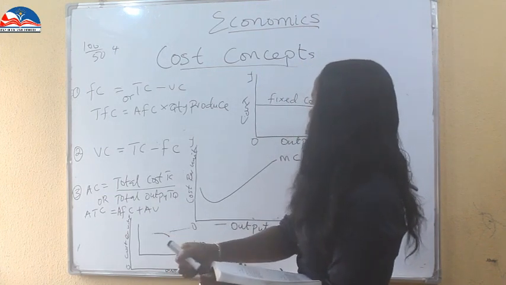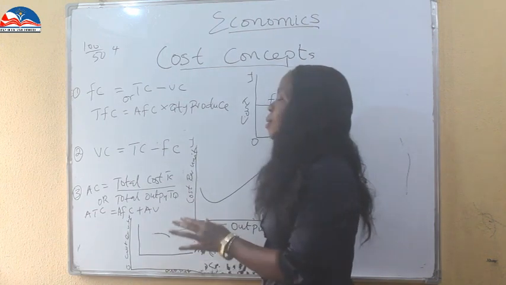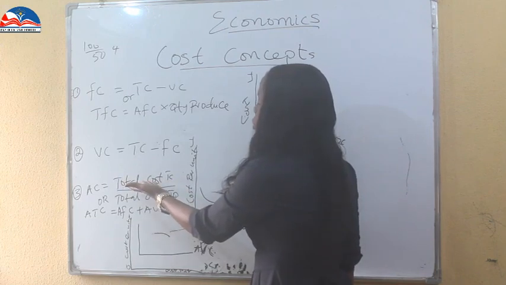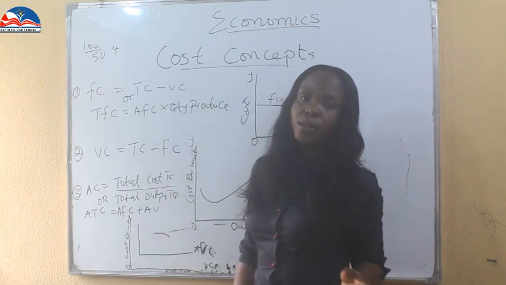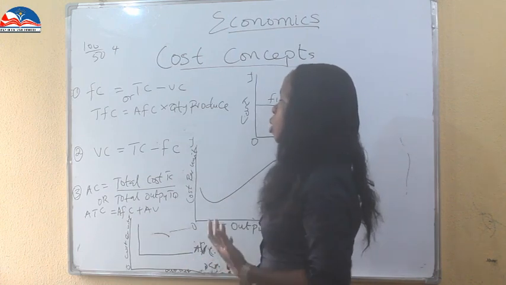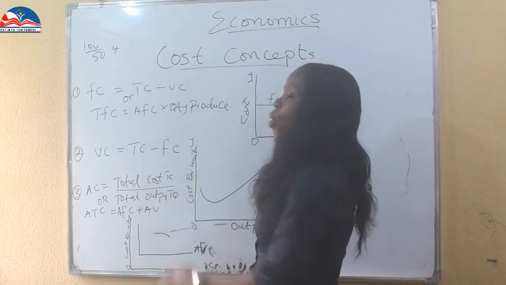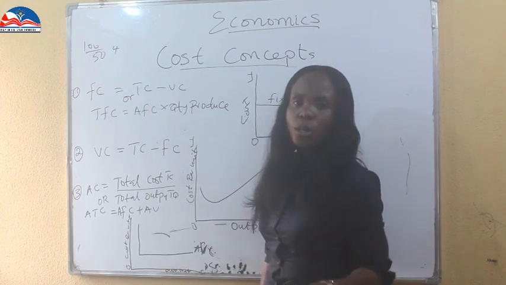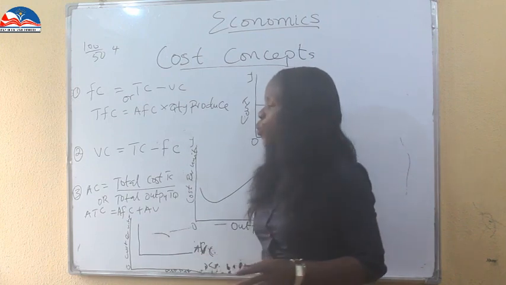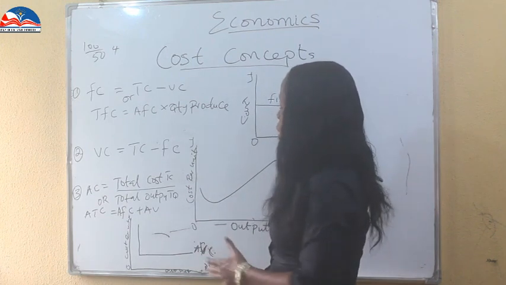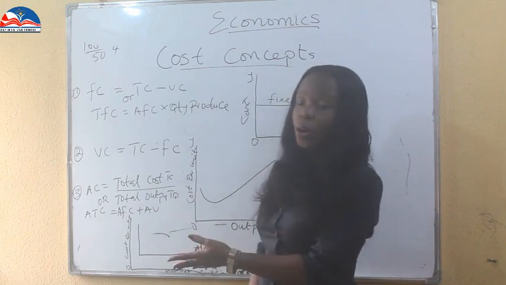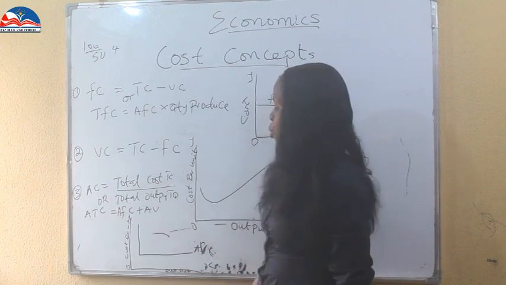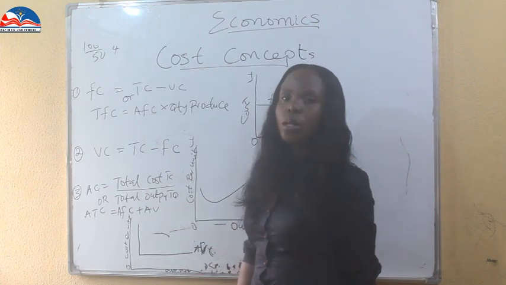So if you want to get this in our schedule, we are going to have total cost divided by total output, the total number of outputs that have been produced. So the total cost incurred during the production process divided by the output gotten from the production process is what our average cost is. And it is represented with this L-shaped curve, whereby this is the unit produced and this is the output gotten.